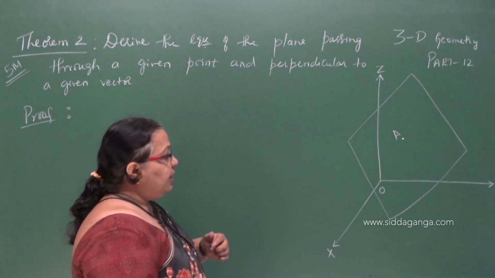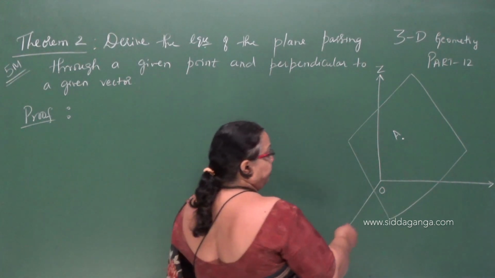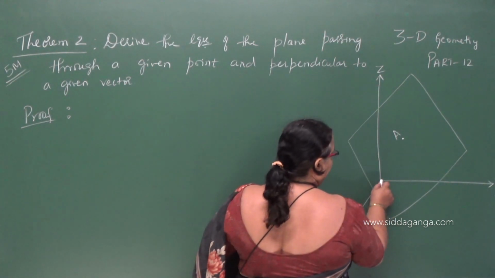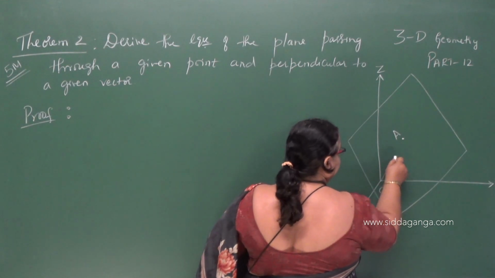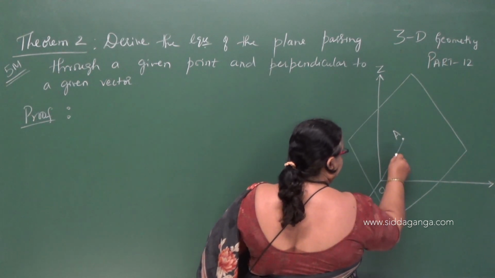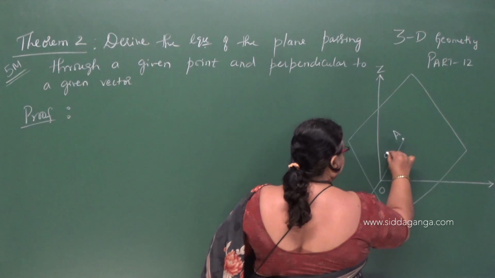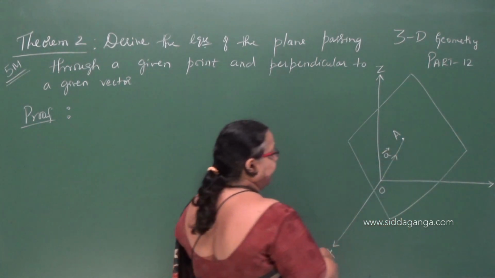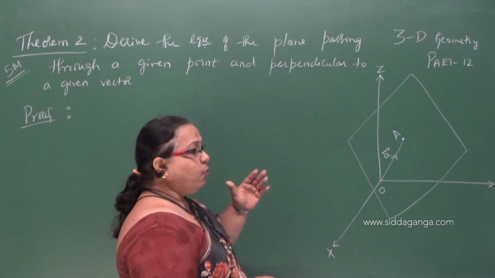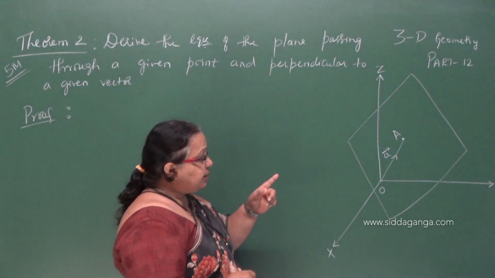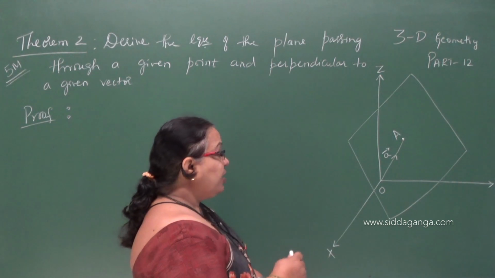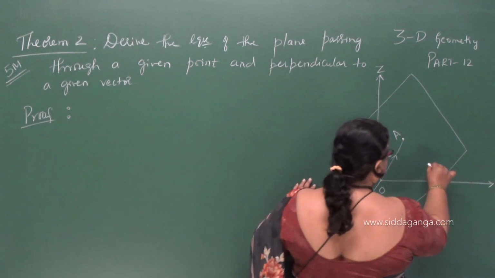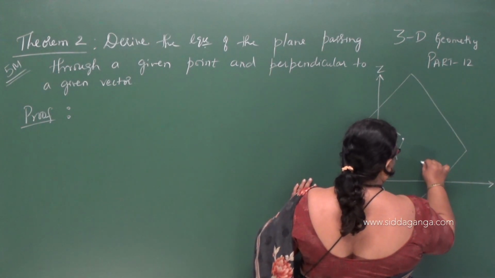Next, to write its position vector, we join it from the origin. So I join it from the origin, and you take the position vector of the point A, that is vector OA, as vector a. Next, for the derivation you take a point P, again on the plane.